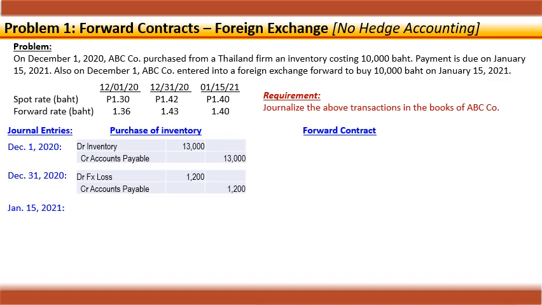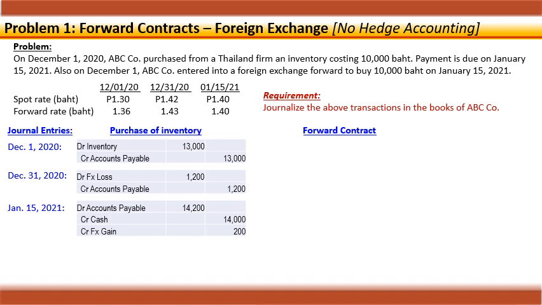That's 1,200. And then, finally, nung nagbayad ka na, from the spot rate of 1.42 nung last measurement date mo, up to the date of payment na 1.4 yung spot rate mo. So, tumaas or bumaba yung babayaran mo? Bumaba yung babayaran mo. That's why meron kang gain, which is the difference nung movement. 1.42 minus 1.4 times the notional amount of 10,000.